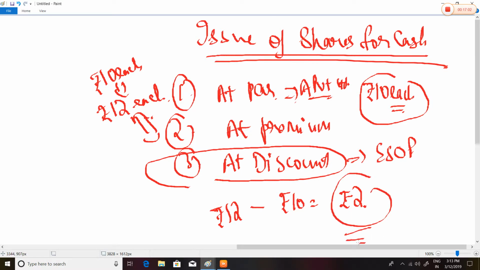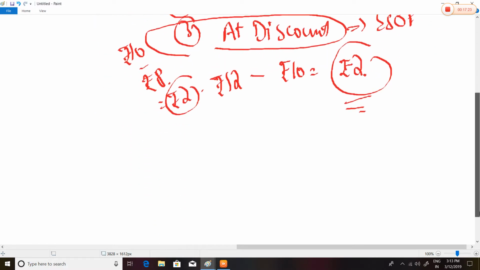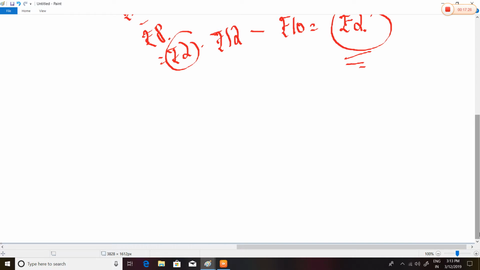And at discount, rupees 10 is the authorized equity share capital per share, and it is issued at rupees 8. So rupees 2 in this case is our discount.